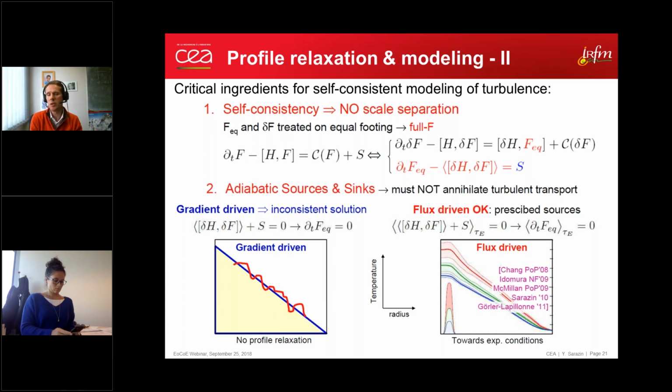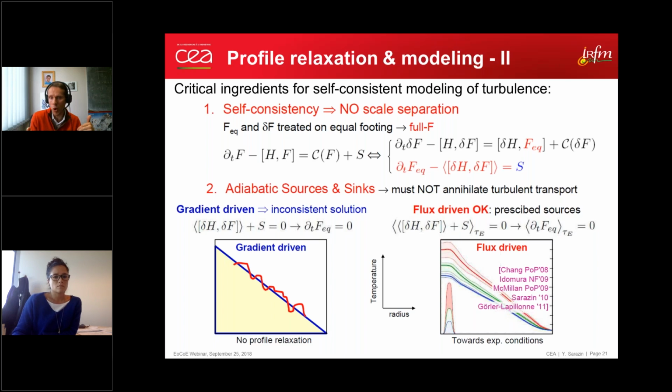This whole picture is well described within the flux-driven approach, because in the flux-driven approach, you account for the source, you account for the turbulent fluctuations, and you account for the back reaction of the turbulence on the mean profile. This is the essence of what is called the flux-driven approach.